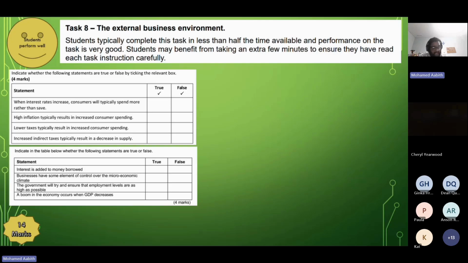If they do the opposite, then they're not going to be a successful government. They will not get re-elected. So that statement is true. A boom in the economy occurs when the GDP decreases. That is wrong. When the GDP increases, there will be a boom. It means you have more gross domestic product. The GDP decreases when you have a recession. Okay, so that statement is wrong.